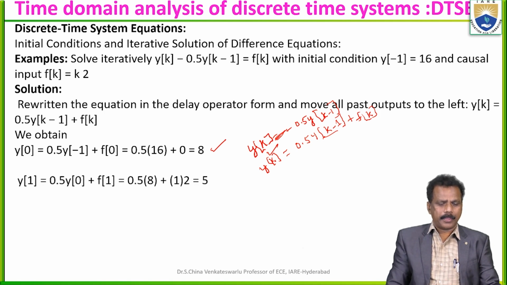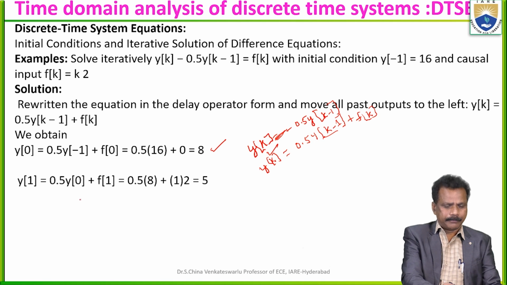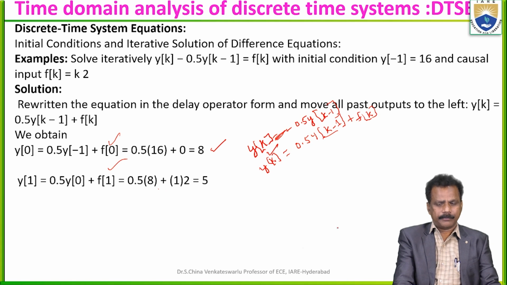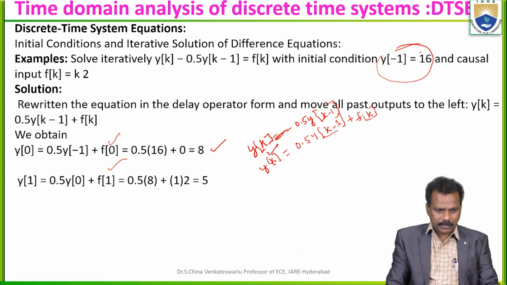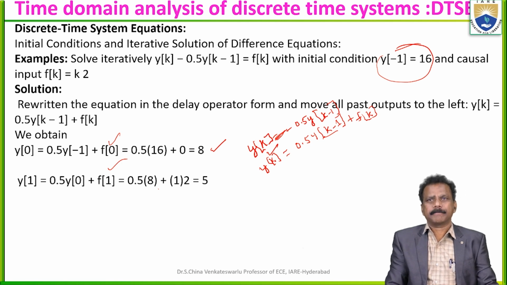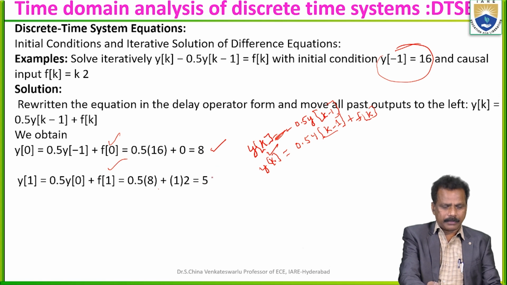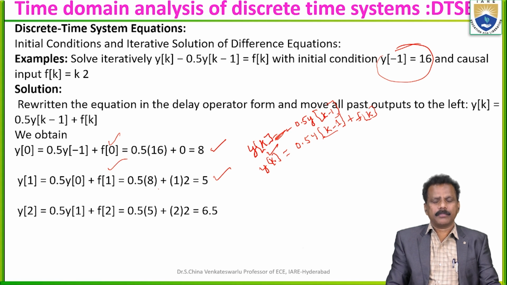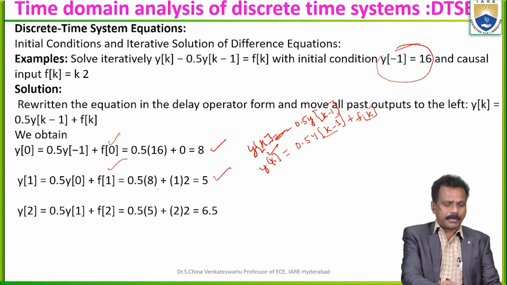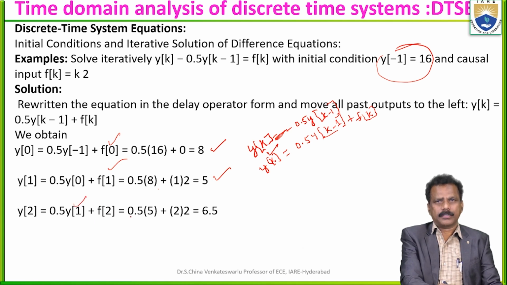Next, y of 1 is 0.5 y of 0 plus f of 1, that is 0.5 into 8 plus the causal input f of k, so y of 1 is equal to 5. Similarly, y of 2 is equal to 0.5 y of 1 plus f of 2, which is 0.5 into 5 plus 2 into 2, it is 6.5.